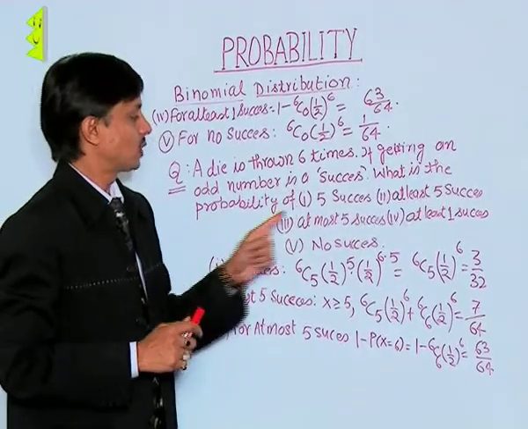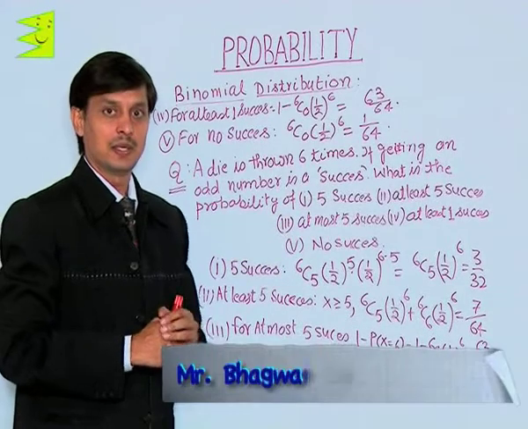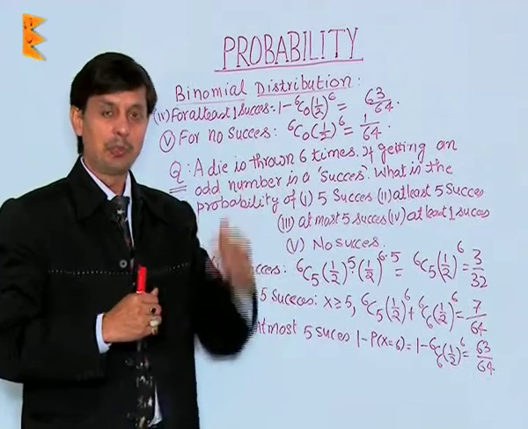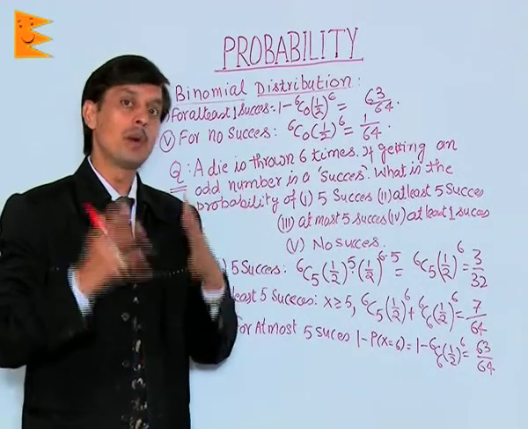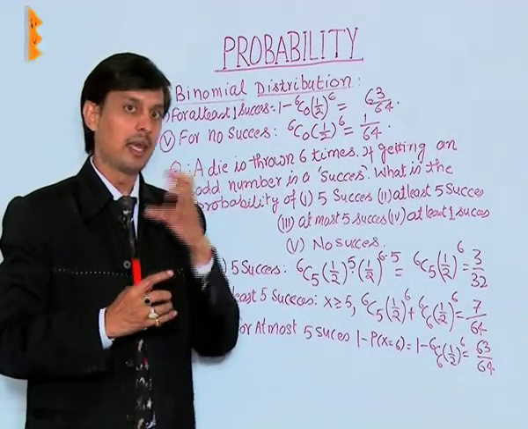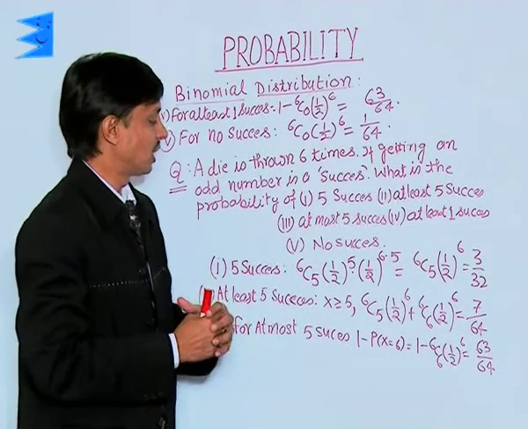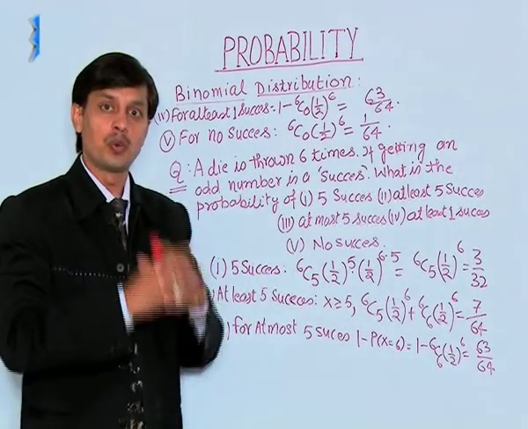Now for the first part, for 5 successes, as the formula told you, it is nCr, p to the power r and q to the power n minus r. Here n is 6, p is half, q is half. For 5 successes, we will use r as 5.